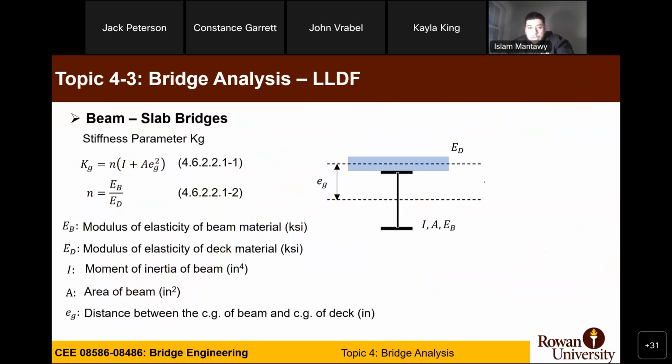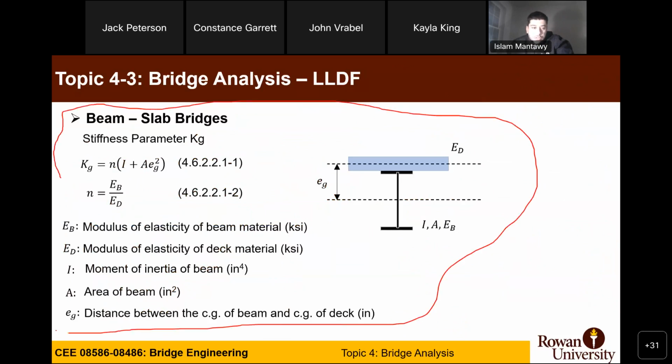Let's move forward. There is one parameter here we need to calculate, and it's very important to know. It's called the stiffness parameter, right? If I ask someone to volunteer: this steel girder, did we deal with it before in calculating the inertia and area? Can anyone volunteer an answer?